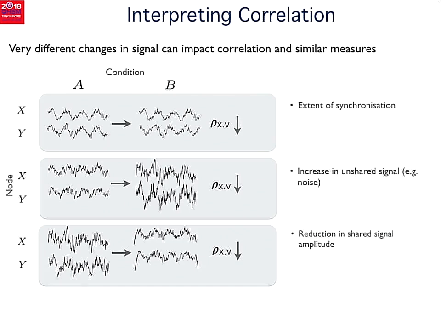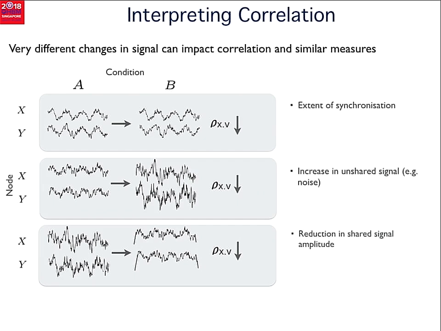And this is often taken as the final result, that there's this change in functional connectivity between regions. But if we consider the scaling of these separate subcomponents of the signals, we can see quite distinct other factors that might be changing our functional connectivity.